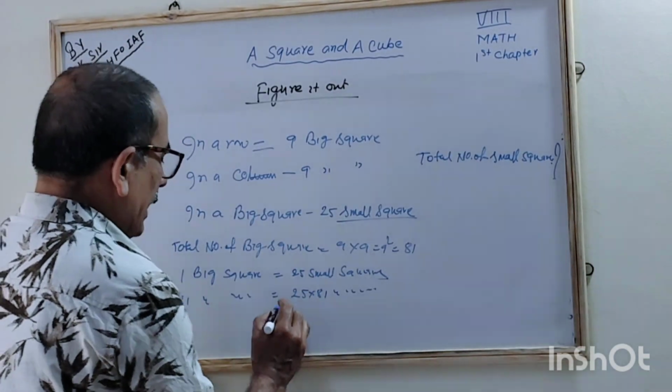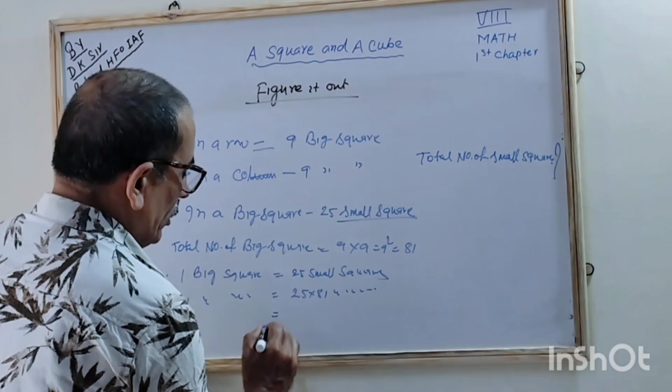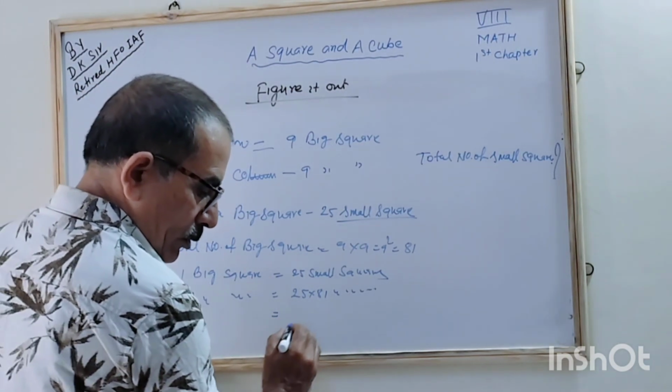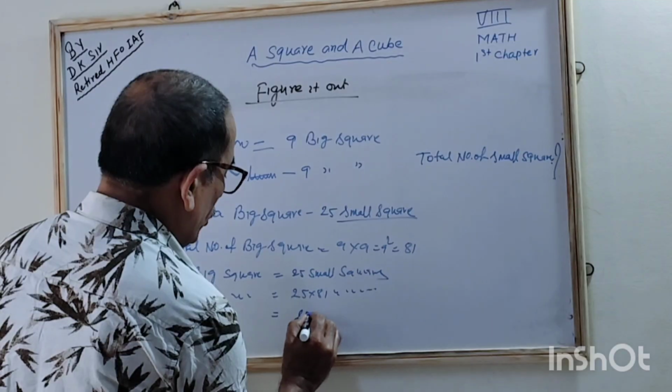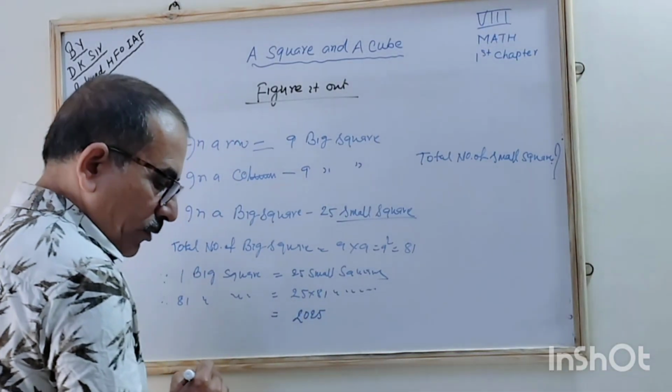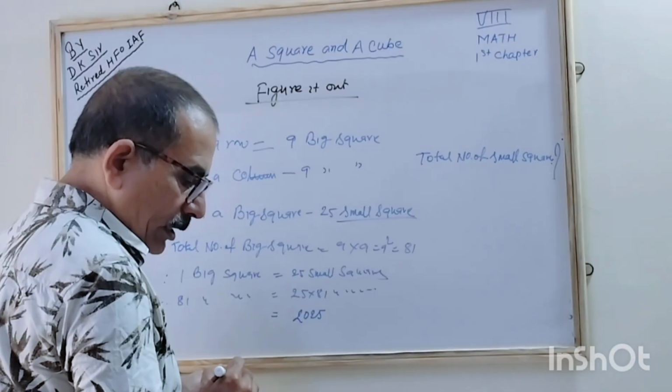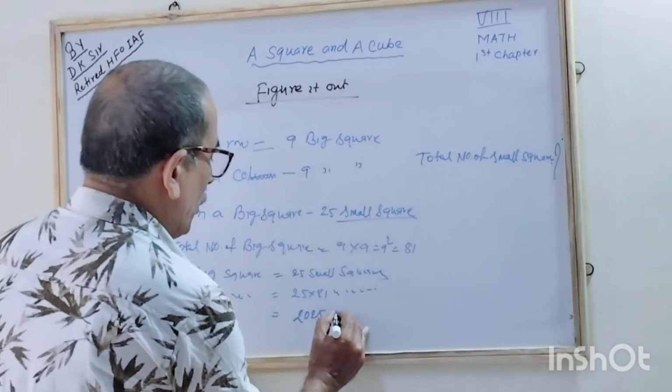When you multiply 81 and this, how much are you going to get? You are going to get 2025. So you have a total of 2025 small squares.